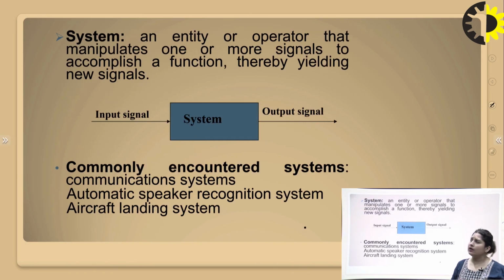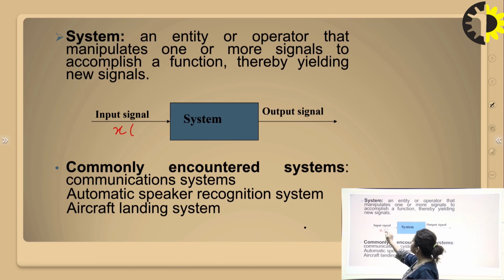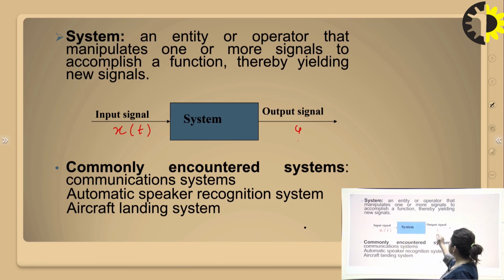So here we can also define a system. A system is basically an entity or operator that manipulates one or more signals to accomplish a function, thereby yielding a new signal. So here we have an input signal. Suppose the input signal is x of t, the output signal is y of t, and there is a system which is having an impulse response h of t. So this h of t is defined as impulse response.